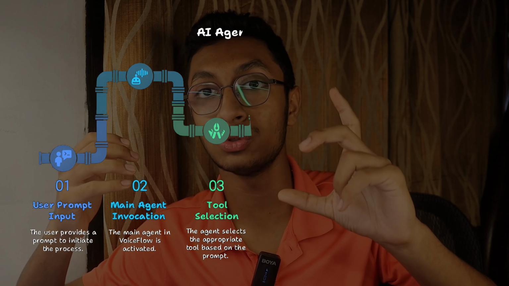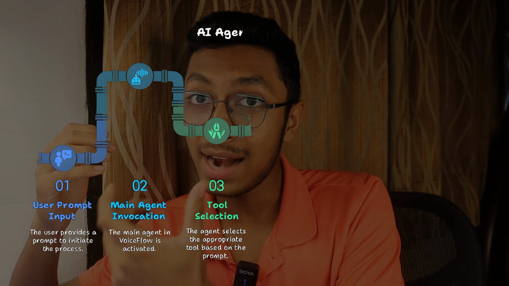So now I think you have a better idea of how this agent actually worked. Let me summarize it. First, it took a user prompt, and after that, it called the main agent which was working in VoiceFlow, which we just saw. This main agent has access to two tools. First is the research agent tool, and second is the ad analyzer tool.